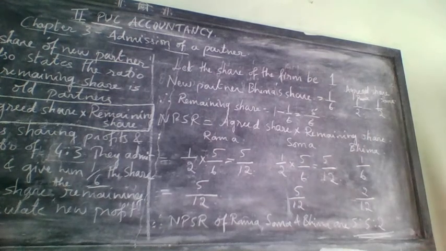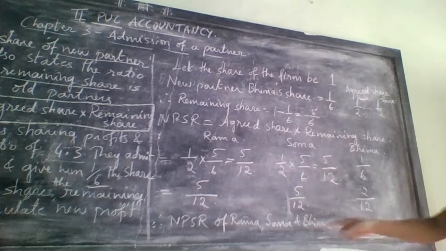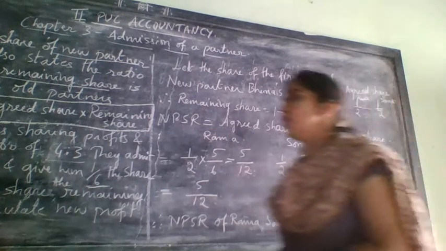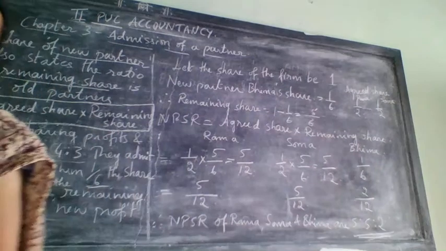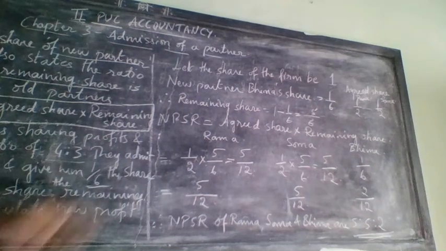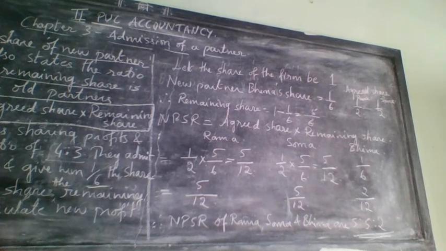Therefore, the NPSR, new profit sharing ratio of Rama, Soma and Bhima, is 5:5:2. You can't write it in a simplified form because all the three numbers are not divisible by one single number. Here ends case 2. In the next video, we will continue with the next case of calculating new profit sharing ratio.